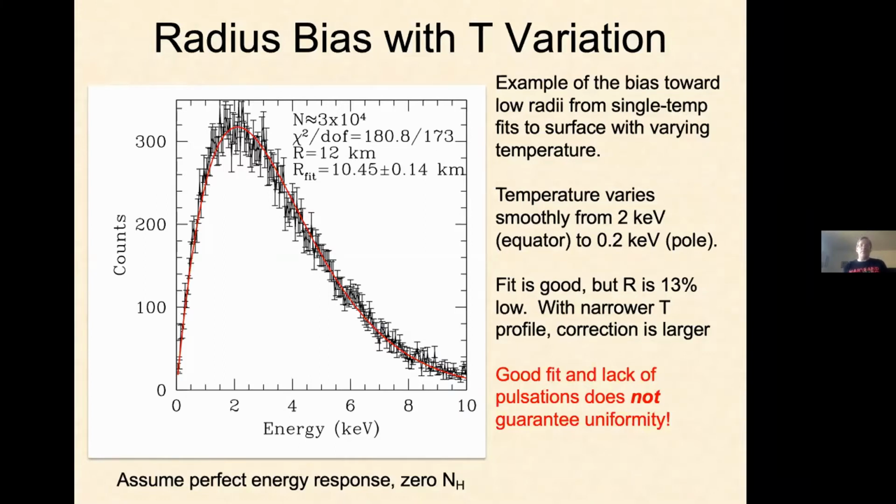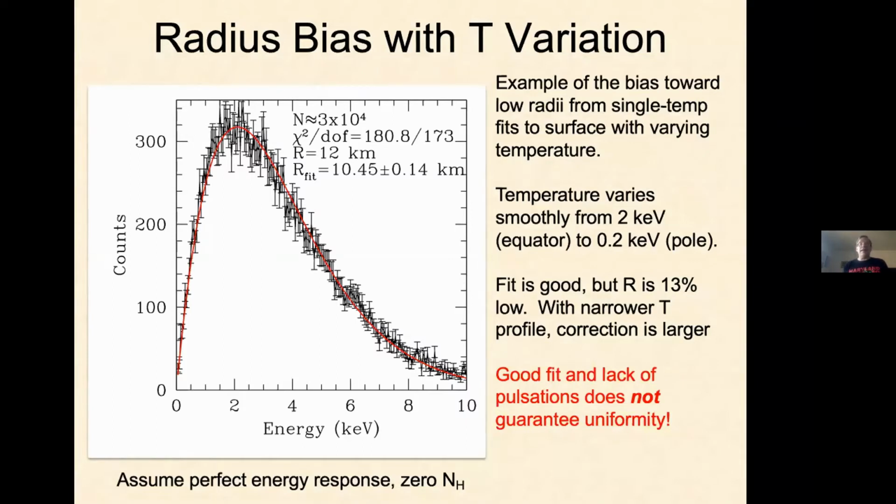For example, you might have pulsations if you have a non-axis symmetric temperature variation. In fact, you do see pulsations in many thermonuclear X-ray bursts. But there's also the assumption that even as a function of latitude, there's no temperature variation. The question is, would you be able to determine if there were? And the answer, unfortunately, is no.